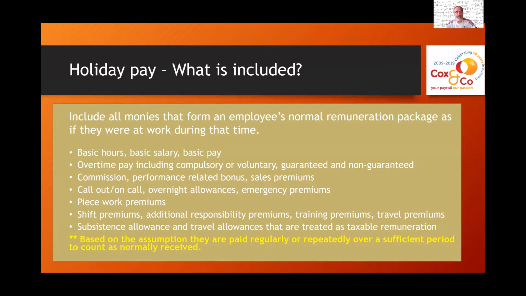In common with most things, what was probably deemed irregular 5 years ago is probably now regular. And I think it's partly driven by the fact that we've seen employers try to call things something different, to allow them to exclude it from holiday calculations.